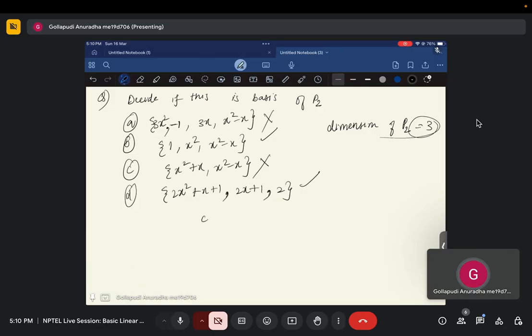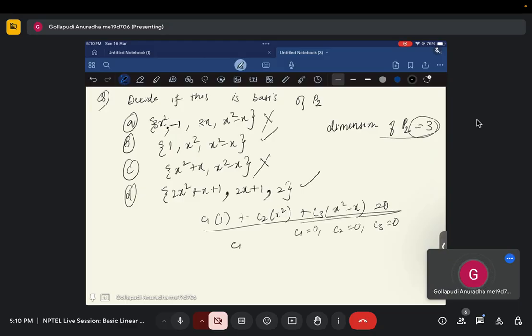And you can just check whether this is independent or not. So C1 times 1 plus C2 times x square plus C3 times x square minus x equal to 0. Then you can check whether C1 is equal to 0, C2 is equal to 0, and C3 is equal to 0 or not for getting this condition. So how can we do that?